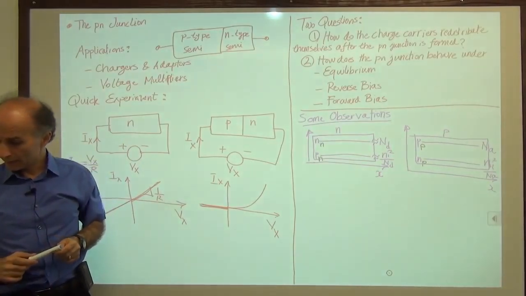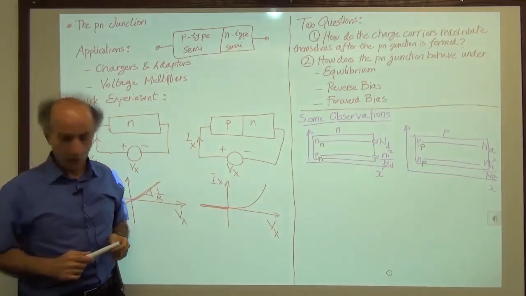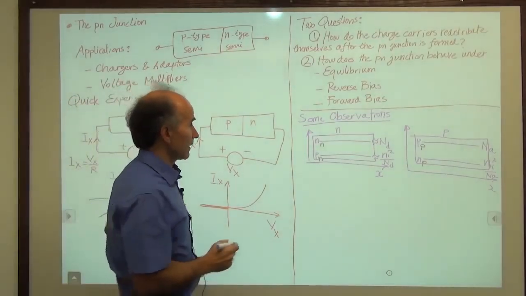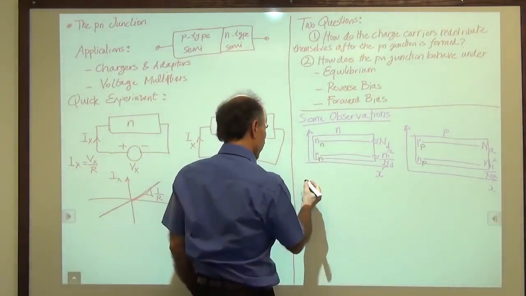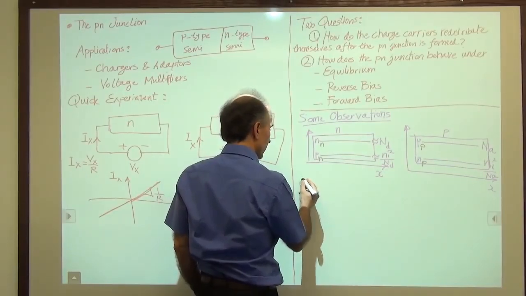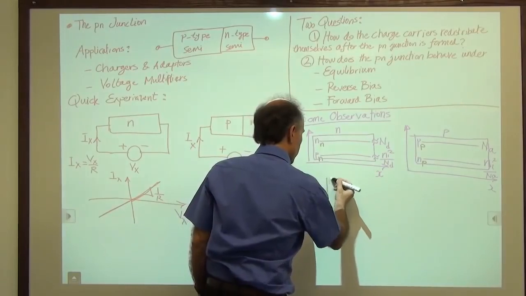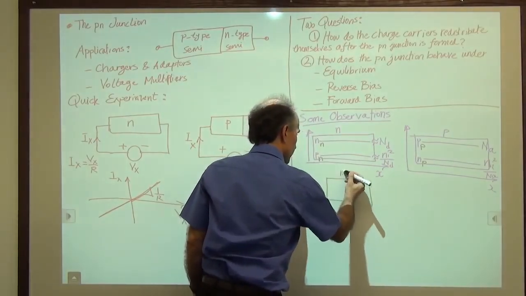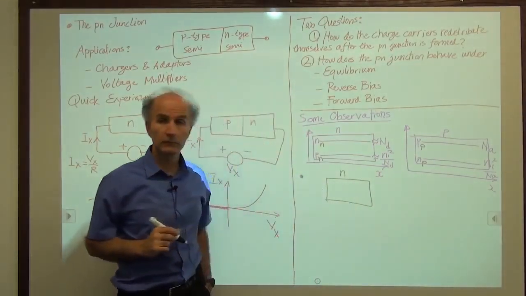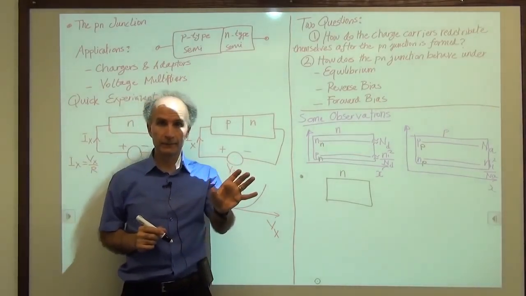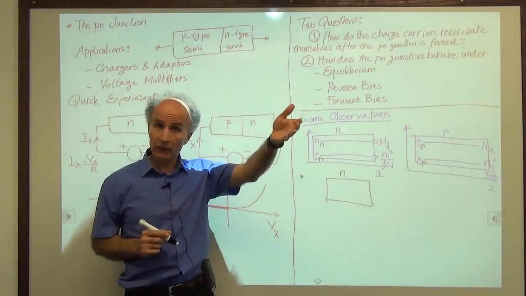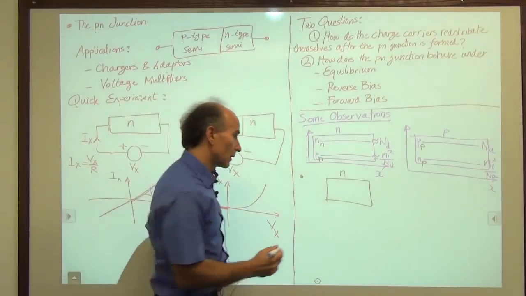Okay, so the next observation that I would like to make is the following. Let's consider a piece of n-type silicon just by itself. It has an abundance of electrons. It has very few holes.